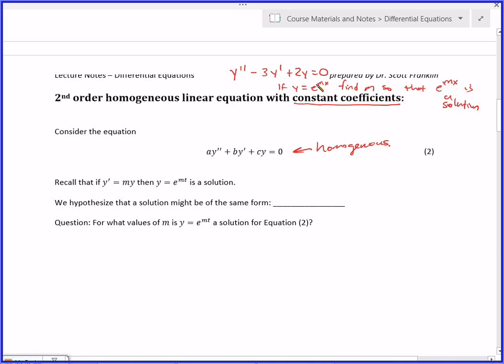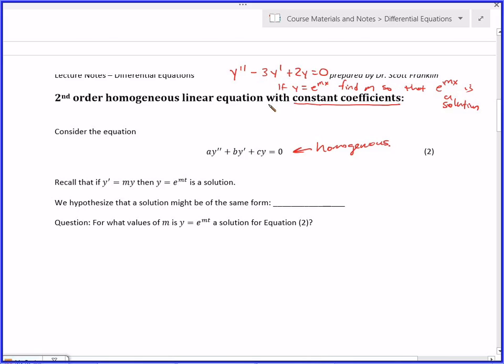So all you did was you took the first derivative, second derivative, you plugged in. What ended up happening is this thing turned into a quadratic equation. Because you could factor out the e to the mx of every single term, and what was left was just the quadratic equation. In fact, it had the same coefficients as your differential equation, interestingly enough.